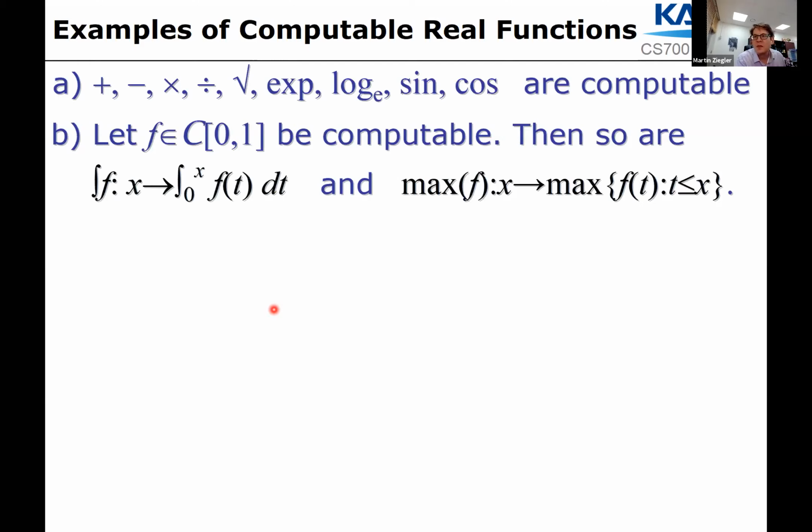But we can say already, since we know what it means for a function to be computable, that the indefinite Riemann integration operator maps computable functions to computable functions, which is a similar way of saying that computable functions map computable real numbers to computable real numbers, which is true, but which is not equivalent to a function being computable. It's only a necessary condition, but not sufficient.